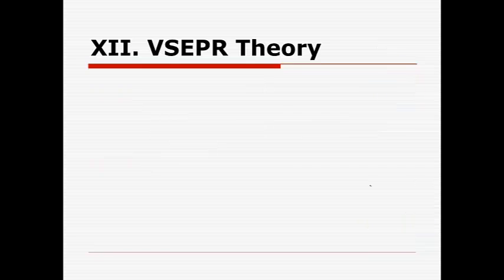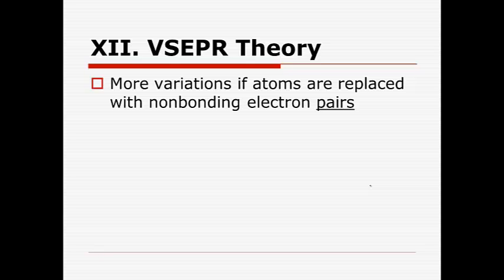Okay, now we get more variations based on those basic shapes. If one of those bonds is actually replaced with a non-bonding pair. Okay, so AX2E. Now, this is basically AX3. You have 3 pairs of things, but one of the X's is replaced with a non-bonding pair. So it still has to reflect the basic shape of AX3, which was our trigonal planar.